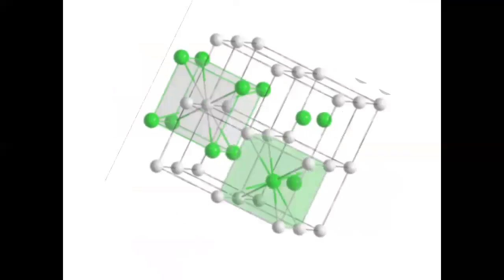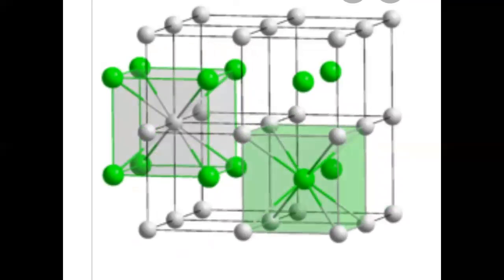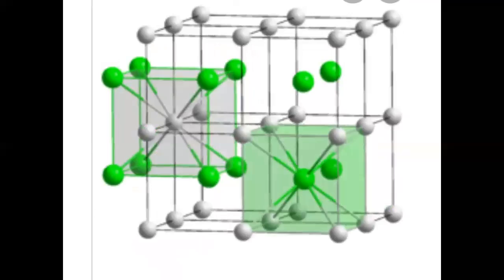In the case of cesium chloride, as I told you, you can see here that one cesium ion is surrounded by 8 chloride ions. Let's see the number of chloride ions. Suppose we have cesium. So cesium is surrounded by 1, 2, 3, 4, 5, 6, 7, 8 chloride ions.